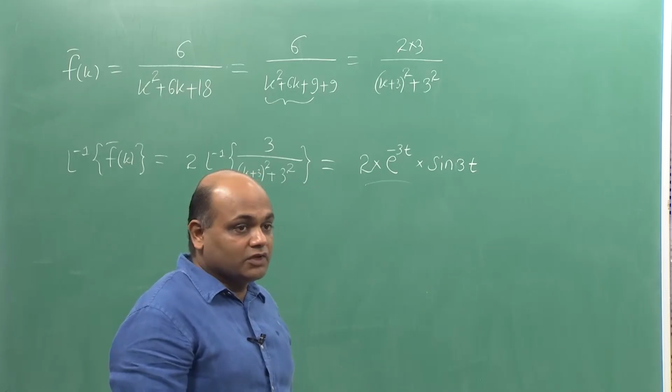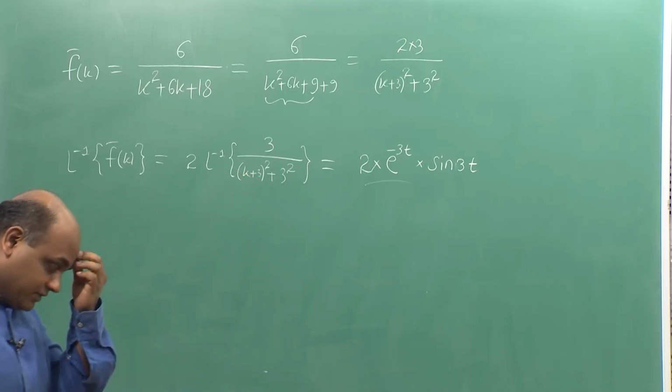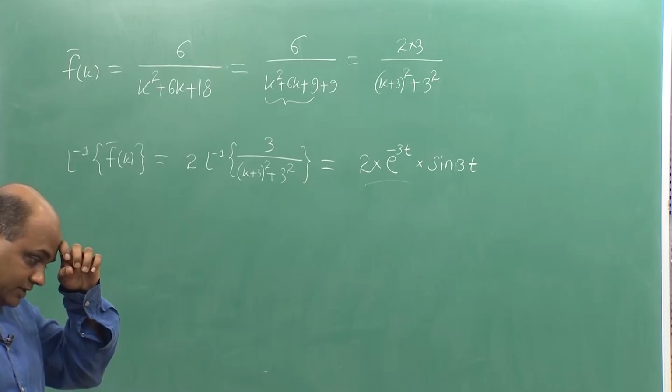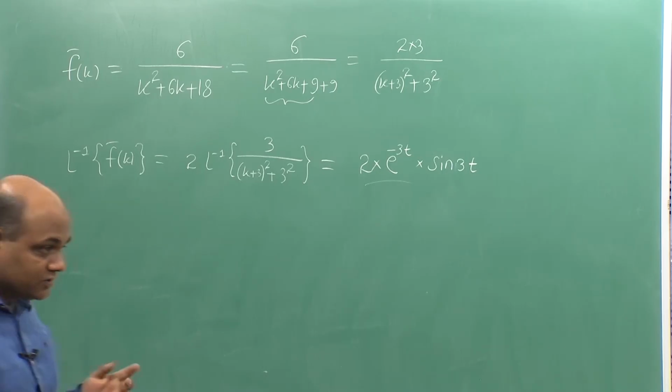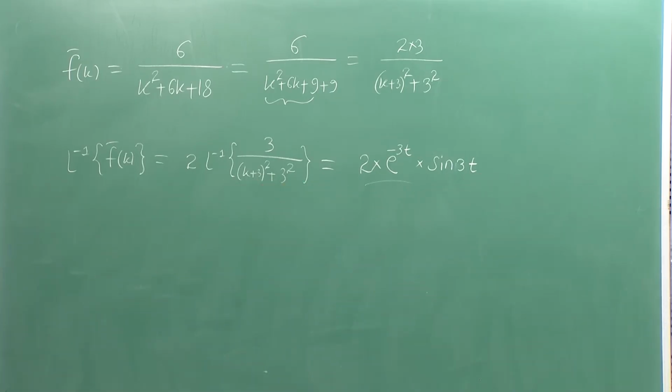Okay. So, now we will be solving differential equations with this. So, we are also interested in the Laplace and inverse Laplace of derivatives. Okay. So, let us look at the properties of the Laplace transform of derivatives.